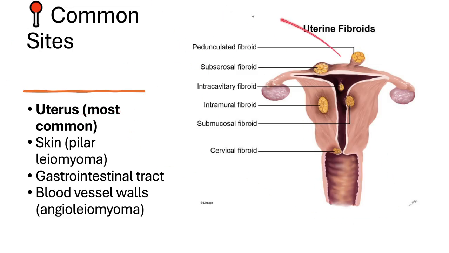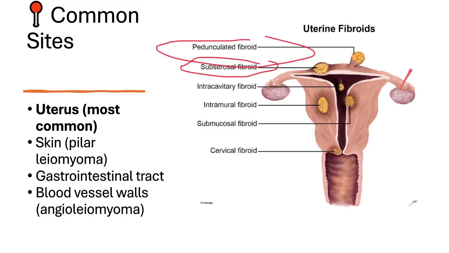When focusing on this picture, you can see the uterine fibroids or the leiomyomas. Here there is a cervical fibroid, here a submucosal fibroid, here an intramural fibroid, here an intracavitary fibroid, and here a subserosal and pedunculated fibroid.